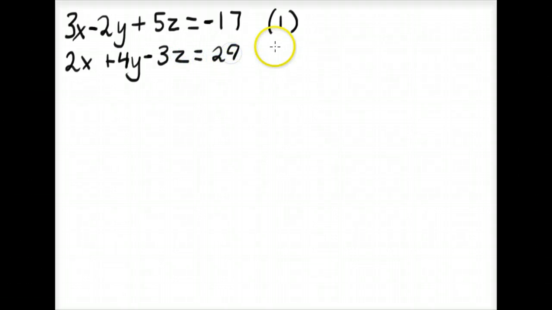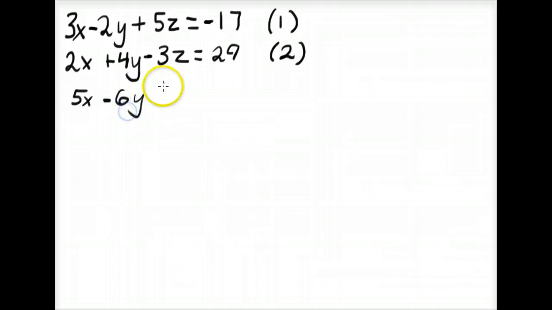And that's going to be equation 2. And then we got 5x minus 6y minus 7z equals 7. And that's going to be equation 3.